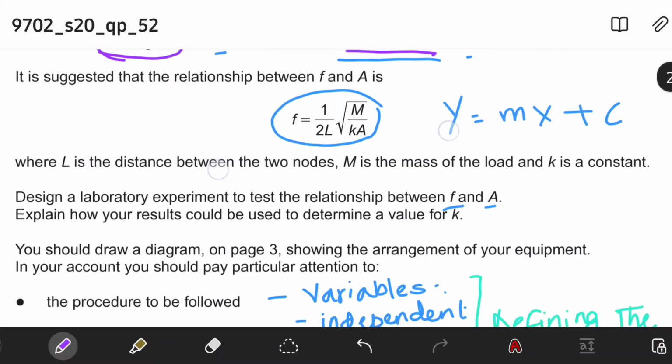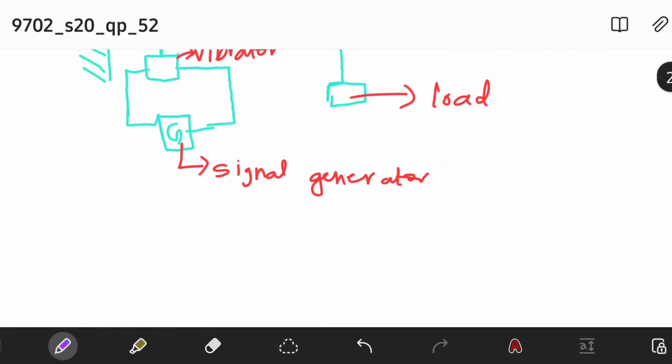So cross-sectional area A is the independent variable.